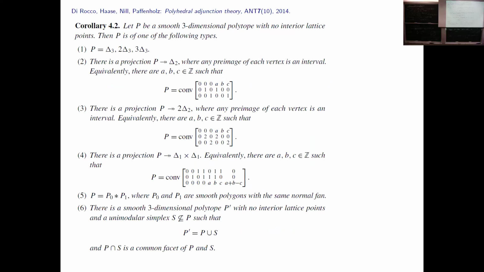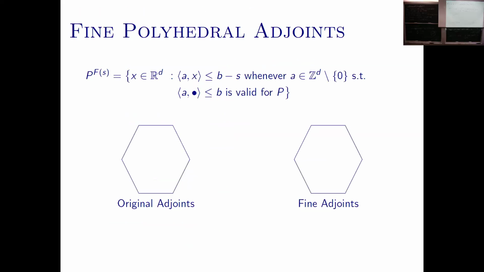From this, if you translate existing adjunction theoretic theorems into polytope land, you can get quite some mileage out. You can classify smooth three-dimensional polytopes without interior lattice points. This is just a direct translation of Fujita's classification result using adjunction theory. I found that pretty nice.